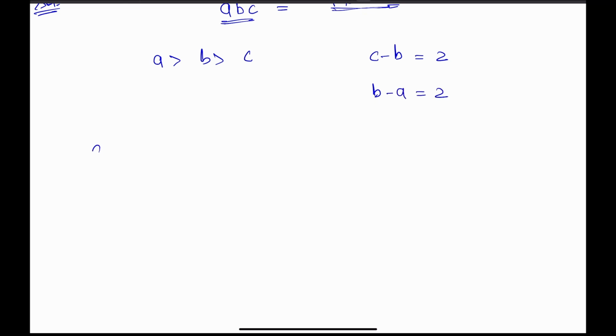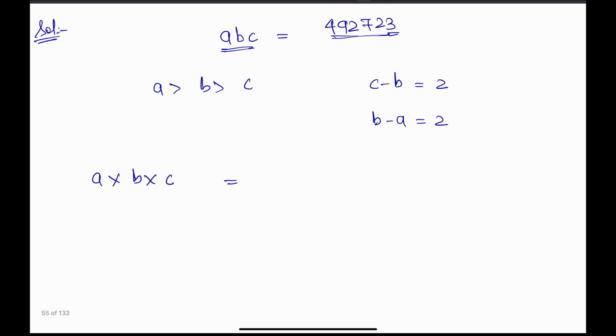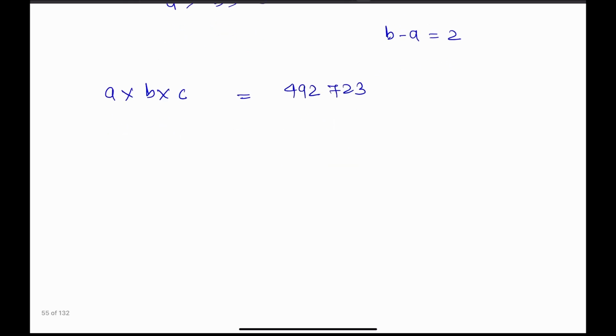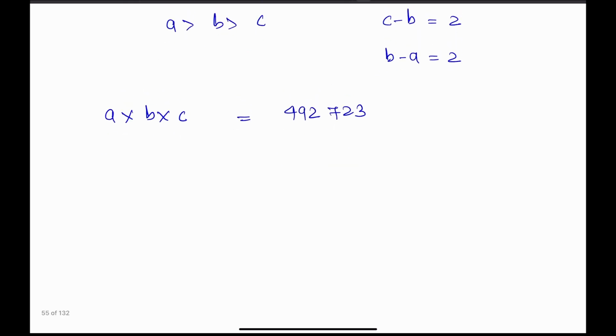So if we multiply a into b into c, it should be equal to 492723, but it will take more time if we try to solve by the traditional way.